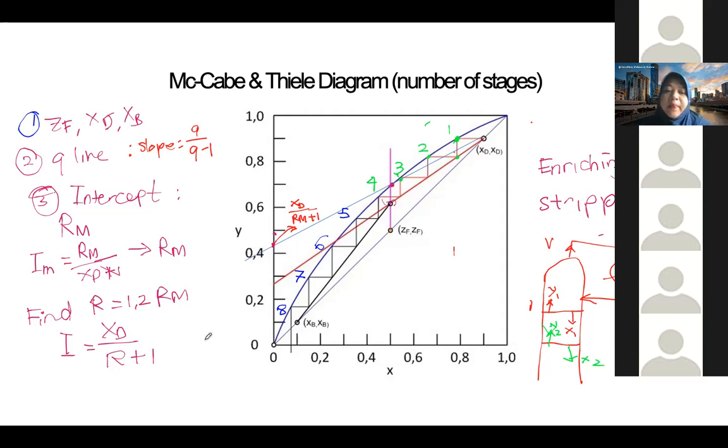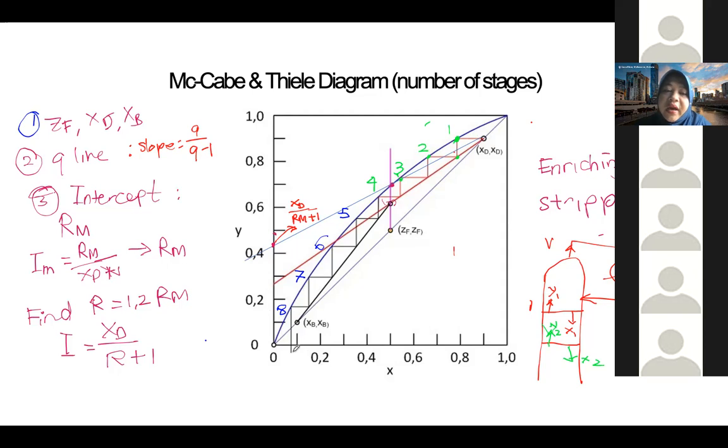Yes, the basics. May I ask? Okay, Dama. I'm sorry, I failed to catch up before about the stages. So there are 8 stages, and if we use a reboiler and condenser, which one would be the reboiler and which one would be the condenser, 1 or 8? There are 8 stages, but the stage at the bottom is always used for the reboiler, because the reboiler is one stage.